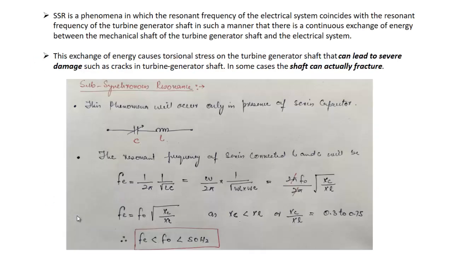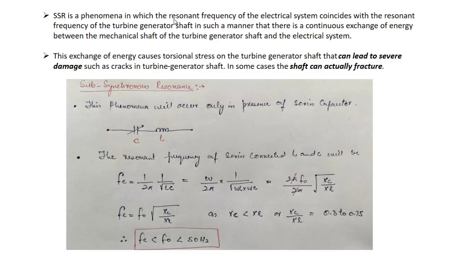Now, coming to the SSR phenomenon, it is actually a phenomenon in which the resonant frequency of the electrical system, that is the frequency that occurs between the capacitance of the network and the inductance of the network, has its own electrical frequency.